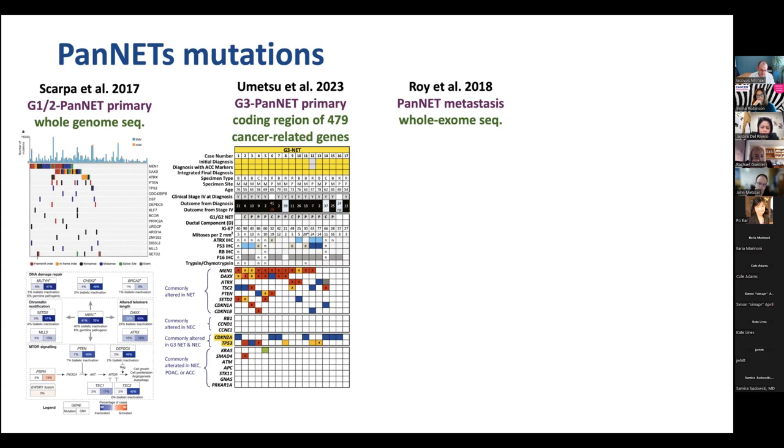And in addition to the commonly found mutations that we saw in the Scarpa data, now what they saw is mutations in CDKN2A and P53. And I think now the field more and more appreciates that 30% of patients with G3 have P53 mutations.